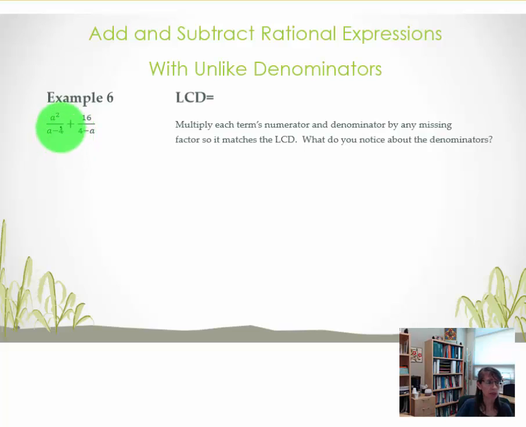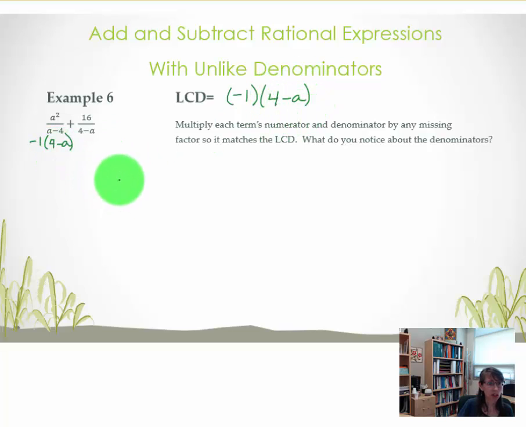So in our last example today, we have a squared over a minus 4 added to 16 over 4 minus a. Now you'll notice that these denominators are in the reverse order of each other. So if I factored out a negative 1, remember that changes the order of the terms. So I could see that my LCD involves the factor negative 1 and quantity 4 minus a.